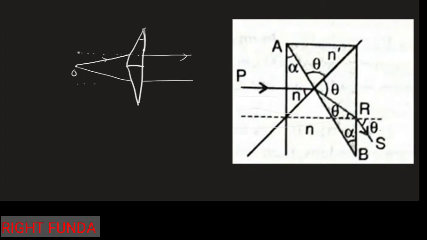So he will get two images of this single source. They will act like virtual sources, S1 and S2. The light goes in different directions and may superimpose like this.